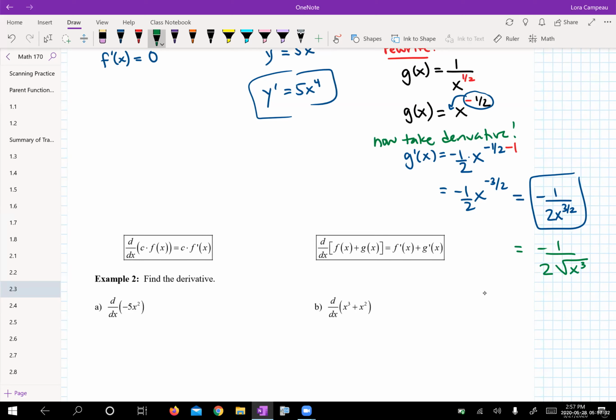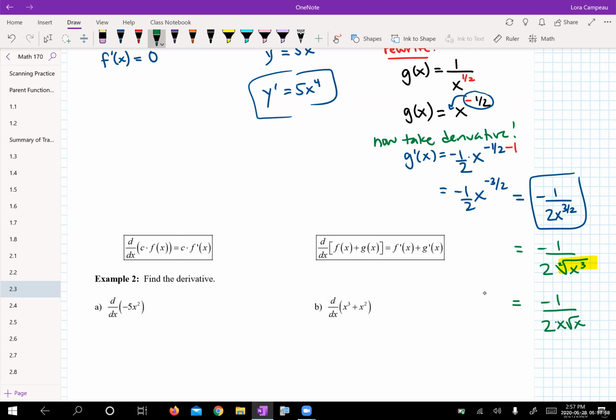If you prefer, you could always write the 2 in the index to help you. And then you could look at the square root of x cubed, and there's a little bit of simplifying going on. We would keep everything the same, but whenever we simplify the square root of x cubed, we would be able to pull out an x, and we'd be left with square root of x inside.